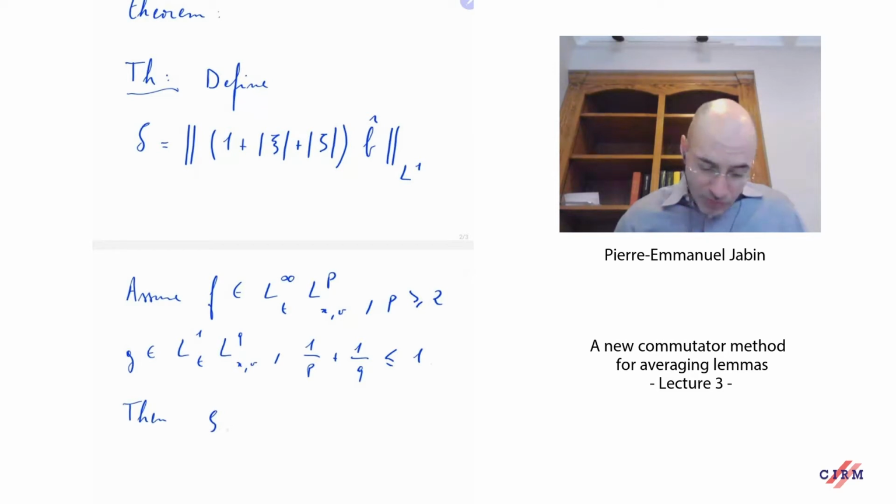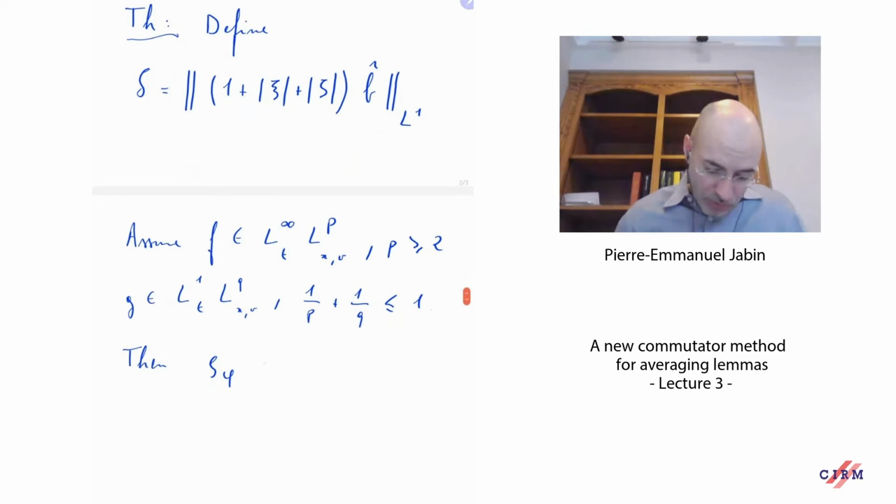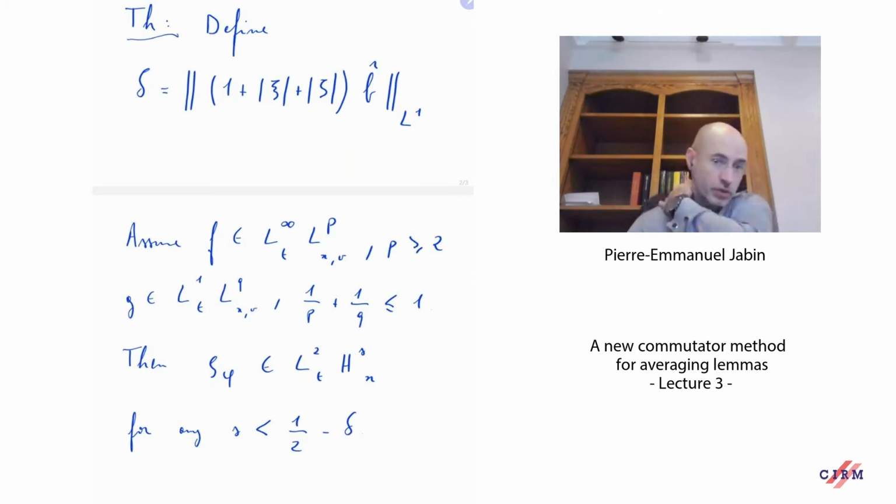Then the average, right, rho, the average in velocity, is again in some L2 in time, HS in X. And S can be any number which is strictly less than 1/2 minus delta. Okay. So this is the first result that you can get.